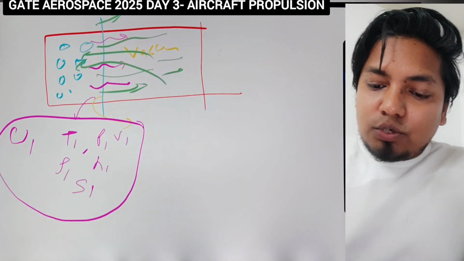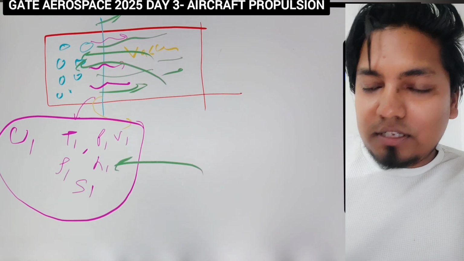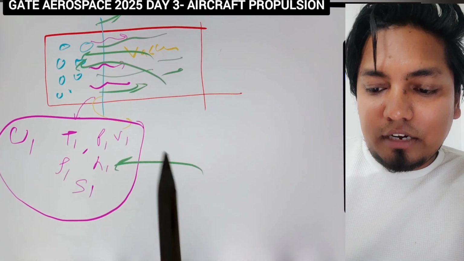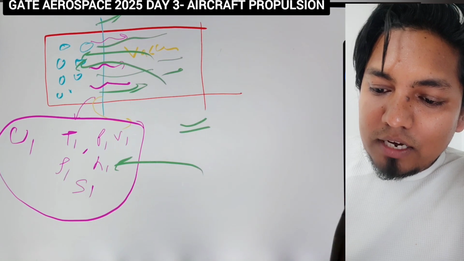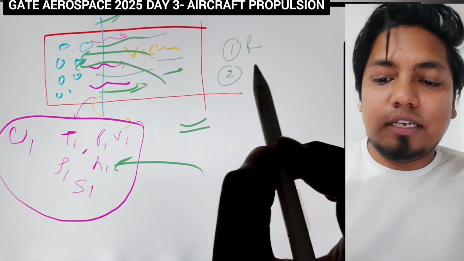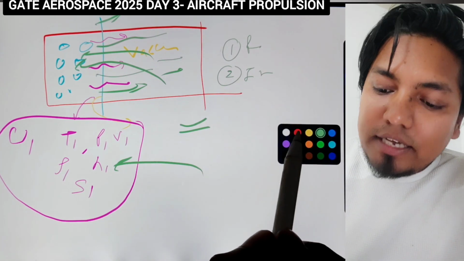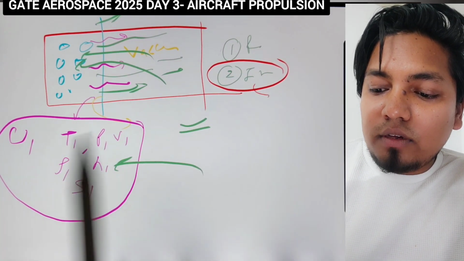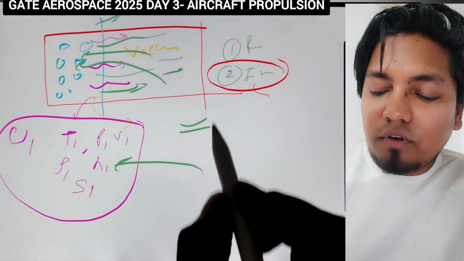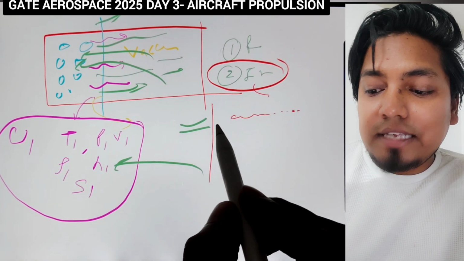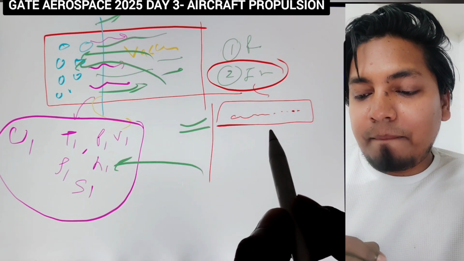So these were the types of processes in which I was talking about reversibility and irreversibility, and I discussed the types of irreversibility in detail and what can cause irreversibility. You see guys, in the GATE aerospace exam, they can give you one question: which of the following is or are the causes of irreversibility, and they give 4 options.